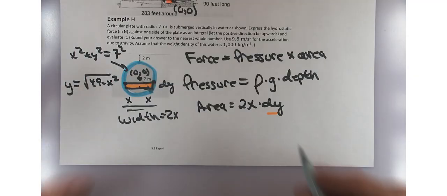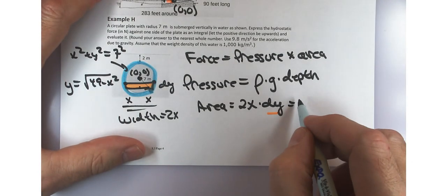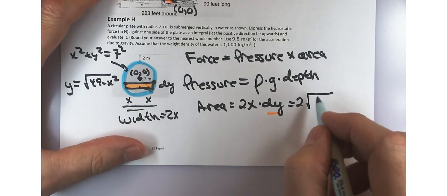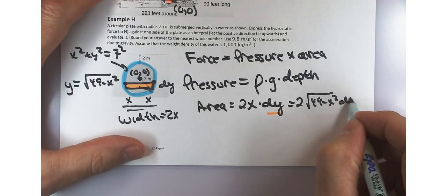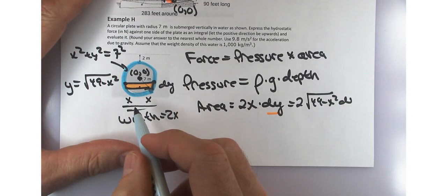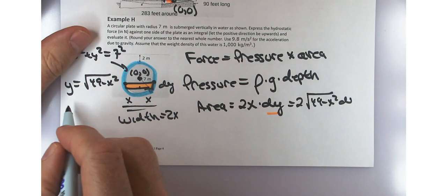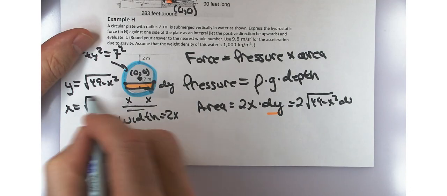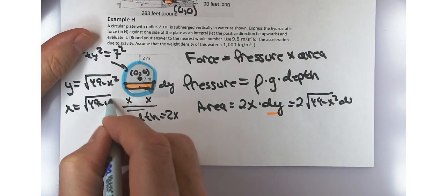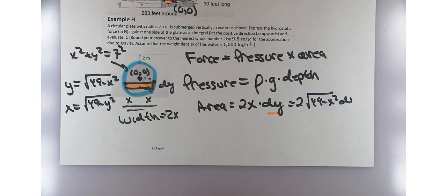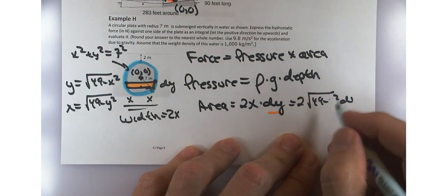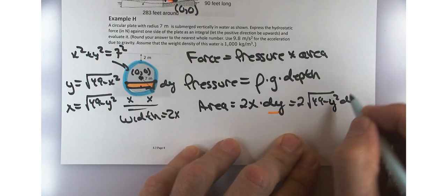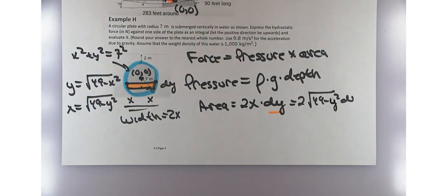So the area then becomes 2 times the square root of 49 minus x squared times, oops, I screwed this up. I need x as the square root of 49 minus y squared. My bad. There we go. Now this is all in terms of y, like we need it.